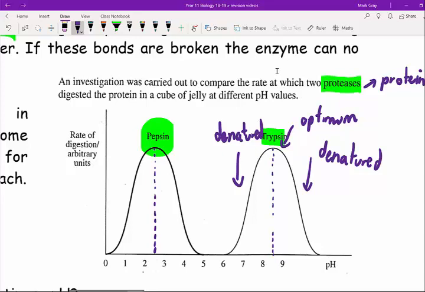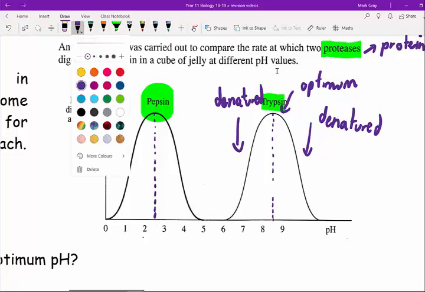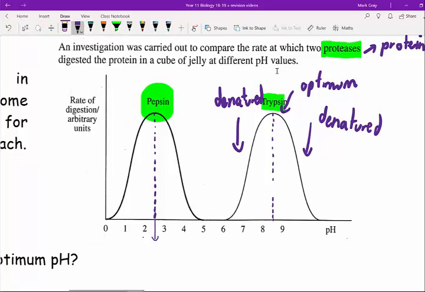So, if we want to get the optimum pH for each of these enzymes, pepsin has an optimum of 2.5, whereas trypsin has an optimum of 8.5. Okay? Now, either side of that, we can see that the rate of digestion is much, much lower.